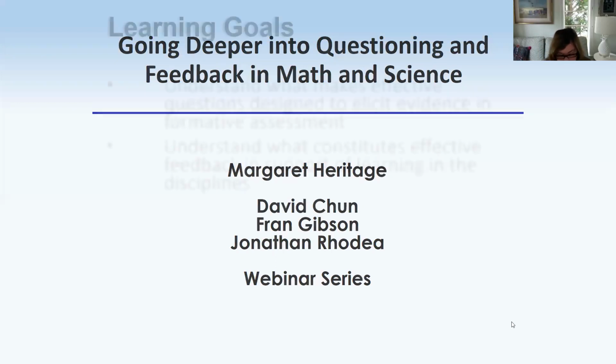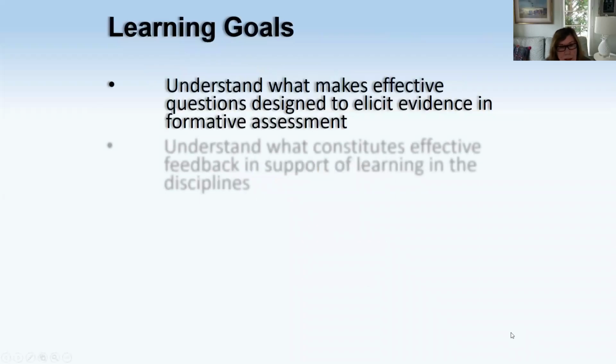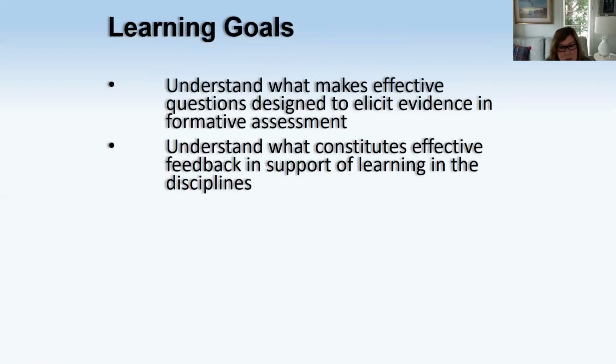So let's begin by talking about the learning goals for this session. First of all, we want to understand what makes effective questions designed to elicit evidence in the context of formative assessment within the disciplines. And of course, those questions are going to be different depending on the nature of the disciplines and the goals and success criteria for the lesson.